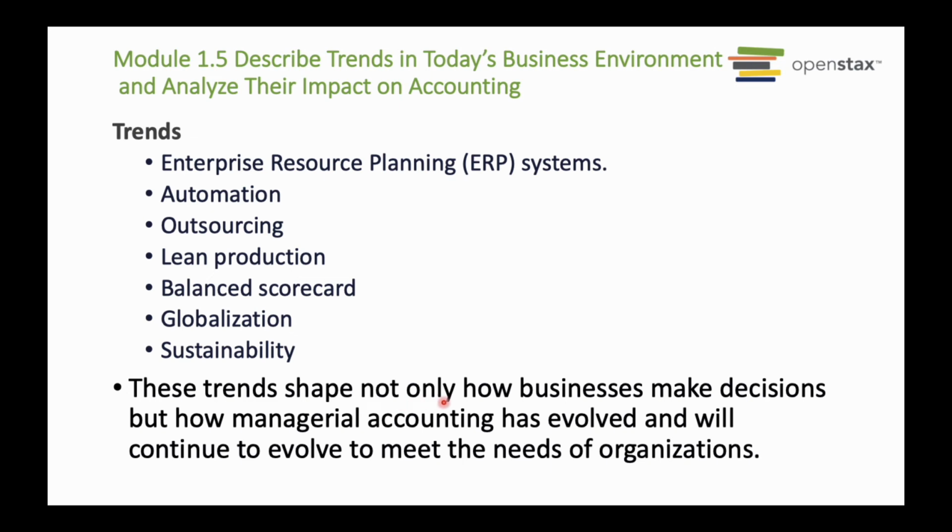These trends shape not only how businesses make decisions, but how managerial accounting has evolved and will continue to evolve to meet the needs of the organizations. So as the needs of the organizations change as a result of these trends, then management accounting also needs to evolve in order to meet the new information needs of the organization.